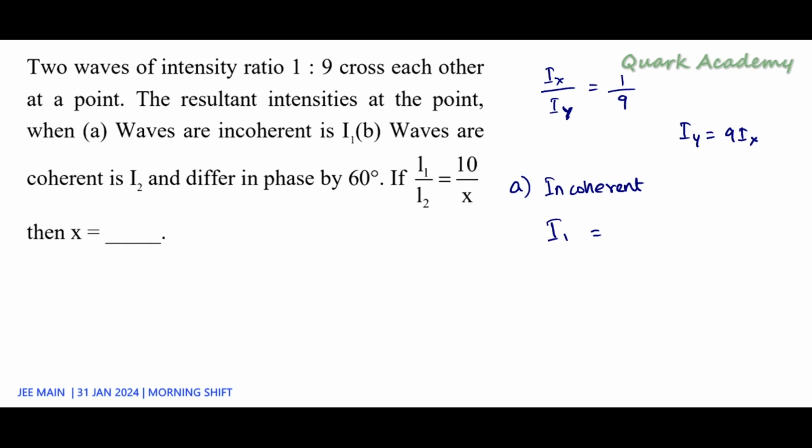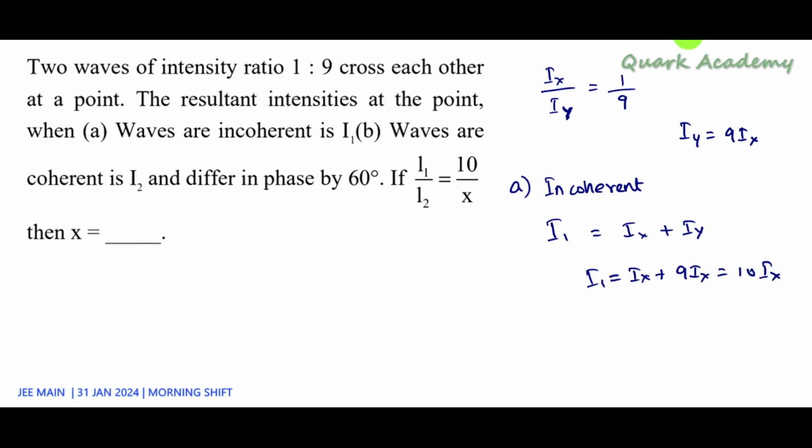Their frequency is different. So in that case, no interference is possible. Those two waves are not going to interfere with each other, which means the resultant intensity is just the addition of the two intensities, Ix plus Iy. So this is Ix plus 9 times Ix, so 10 times Ix.